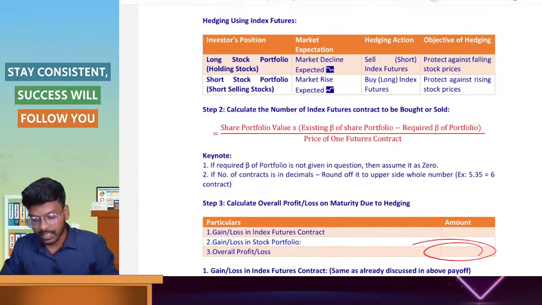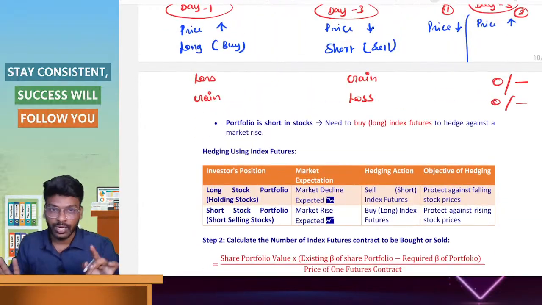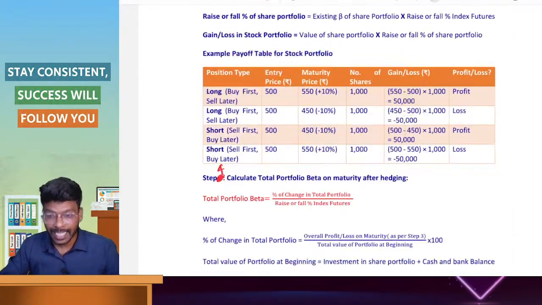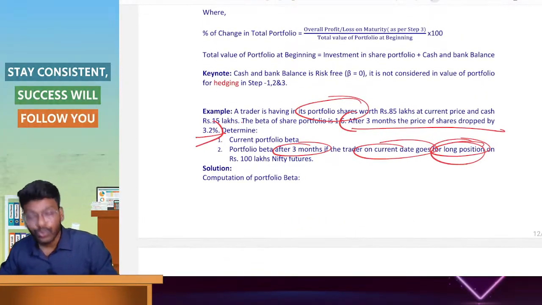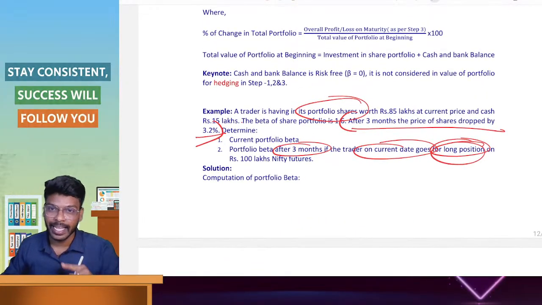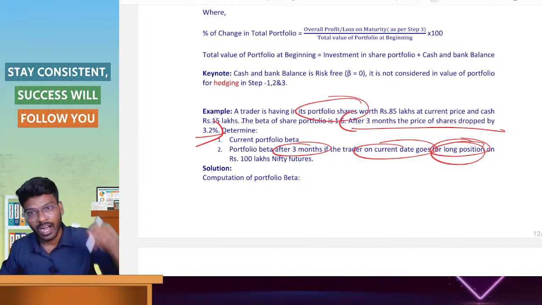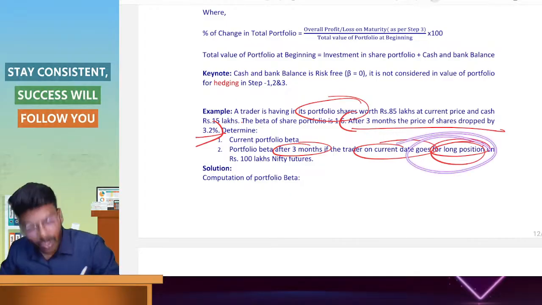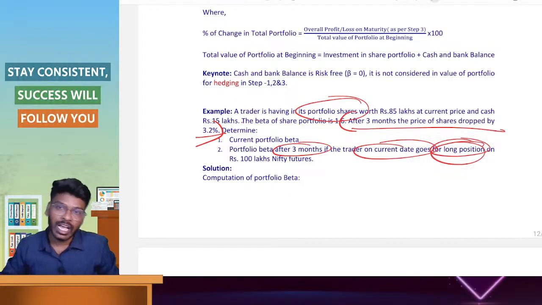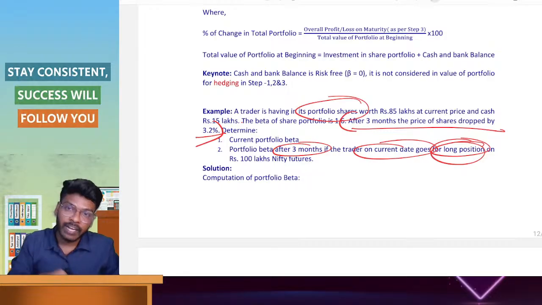The computation is, first you have to decide what position should be taken. In our example, they are not testing you on what position should be taken. In this case, they have given you the long position, and the investor also wants to go for a long position. So you have to apply the given information.